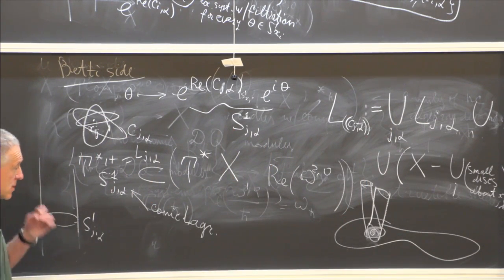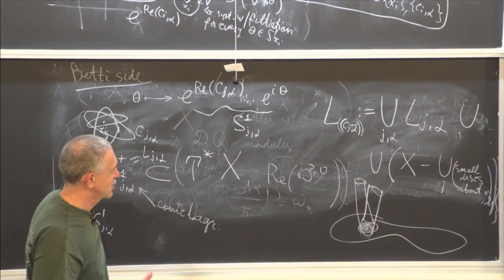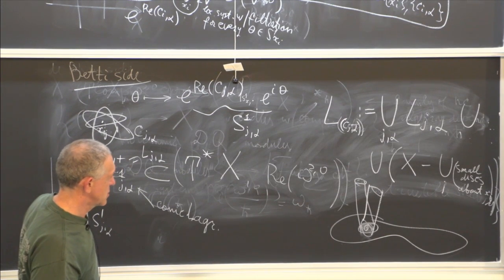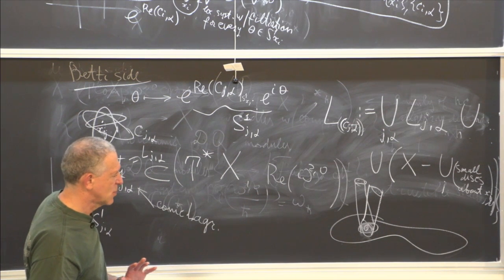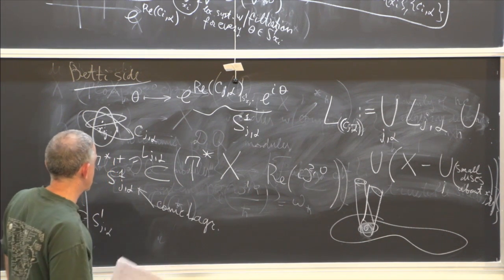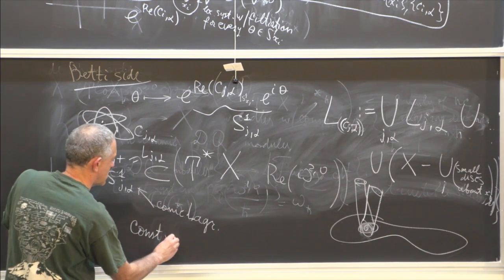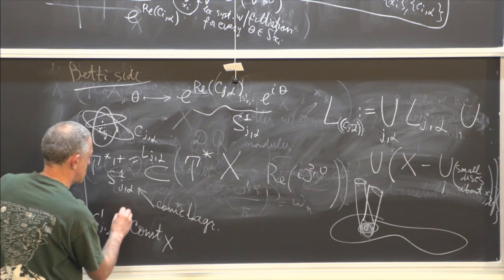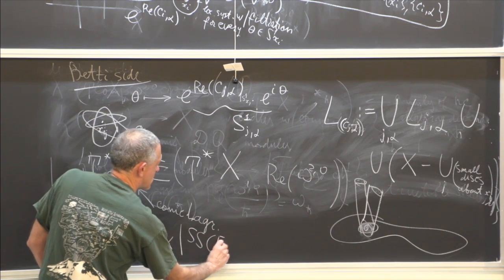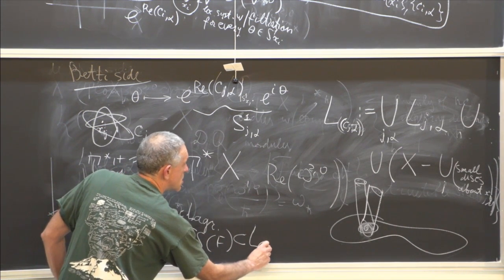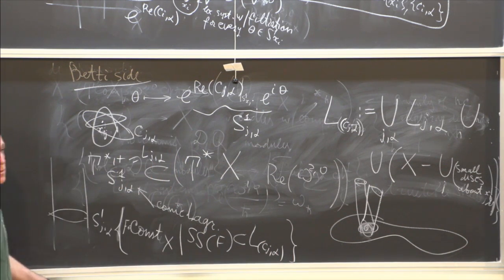All right, and so this is an object of whatever version of wrapped Fukaya category you'd like to consider. But even before going to wrapped Fukaya, we can consider the category of constructible sheaves on X with a singular support which belongs to this Lagrangian.